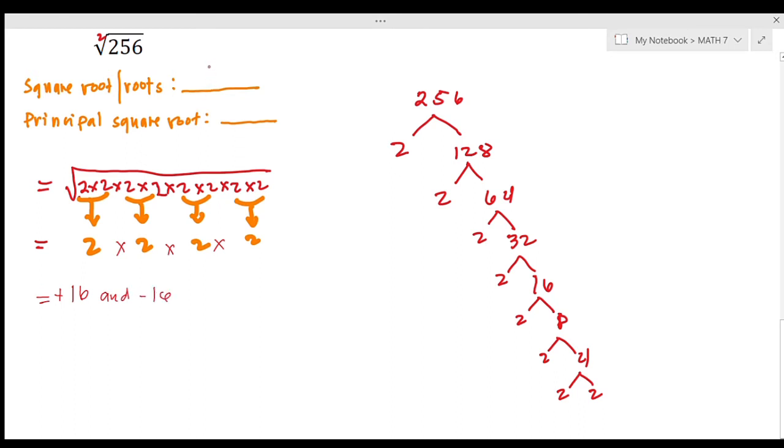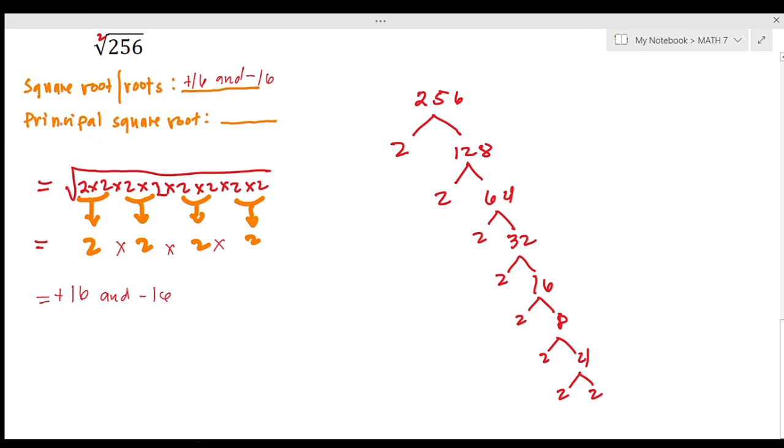Because we are finding the root of 256, dito sa square root meron tayong dalawang sagot: the positive 16 and then the negative 16. Because if you are going to multiply positive 16 times positive 16, the result is 256. And also, if you are going to multiply negative 16 times negative 16, the result also is 256.